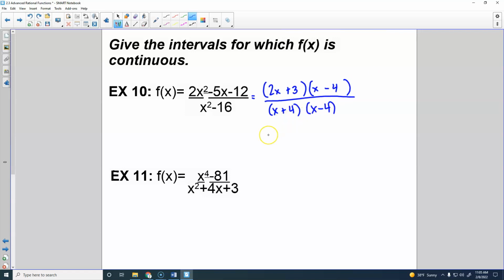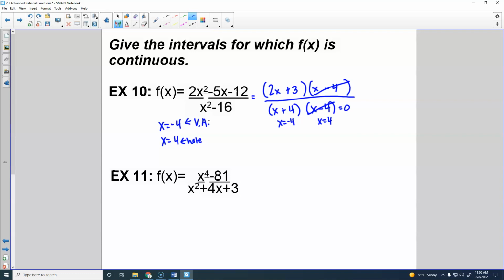But so we're looking at the denominator. We got x cannot equal, let's see, x equals -4 and x equals +4, right? Right here is our -4. Right here is our +4 because we got to set those equal to 0. The x minus 4 will cancel, so we've got a hole here. And the x plus 4 does not, so we got a vertical asymptote. It really doesn't matter, though, whether or not it's a hole or vertical asymptote when they've asked you where this is continuous.